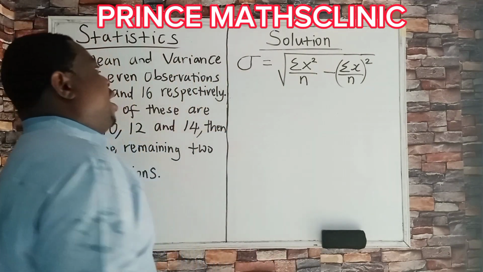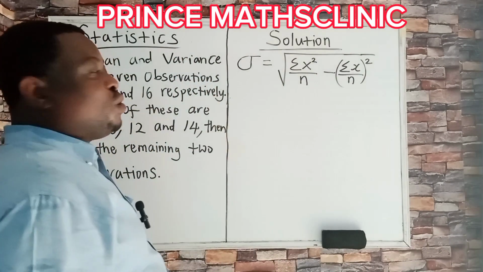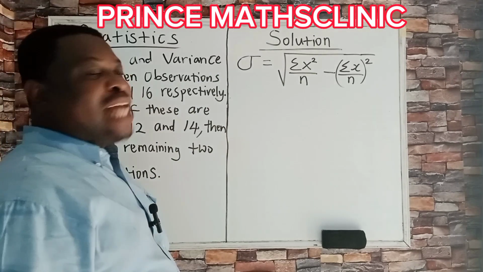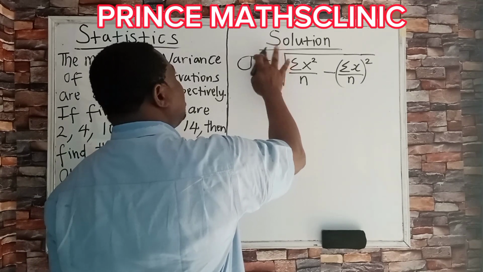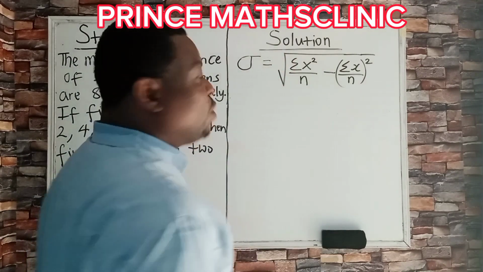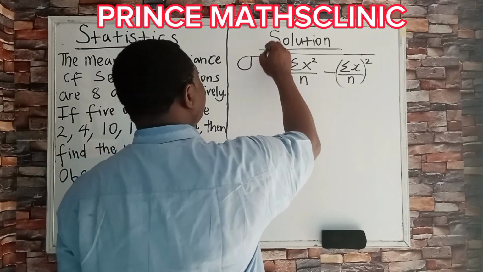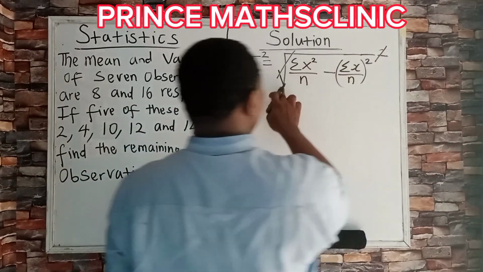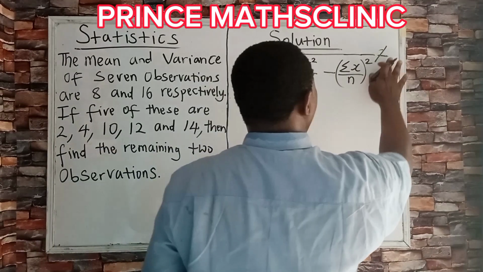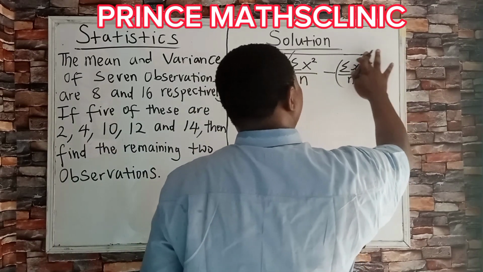So, this is standard deviation, and you know that when you square your standard deviation, it gives you variance. So I'm going to square both sides. If I square this side, the square will cancel the square root, so I will rub off my square root.